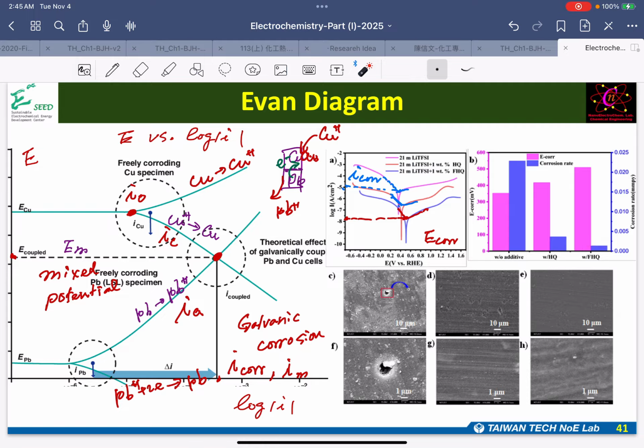So once you add an additive, you can reduce the corrosion rate. Okay, so that is very important. You can see from this SEM image, this is without additive, this is with additive, this with the FQH, and this with HQ.